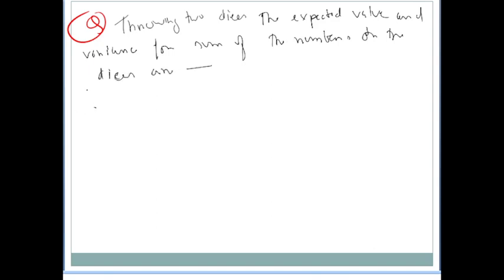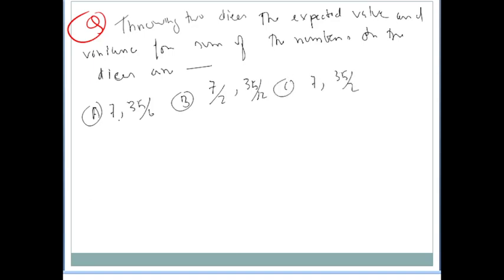The options are: option A, 7 comma 35 by 6; option B, 7 by 2 comma 35 by 12; option C, 7 comma 35 by 2; and option D, 7 by 2 comma 35 divided by 6. Let's solve this.